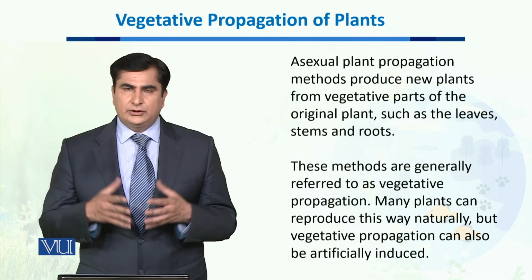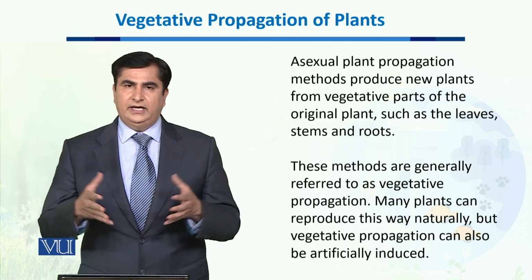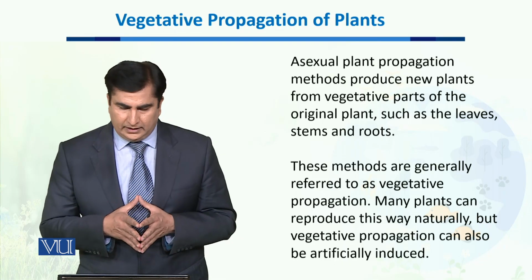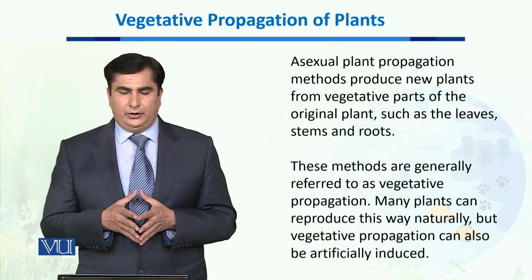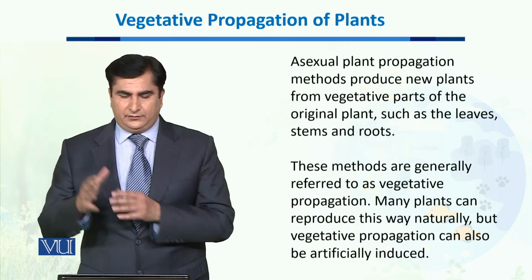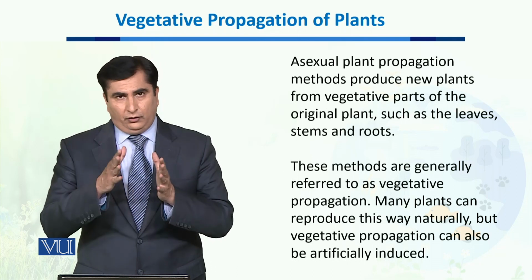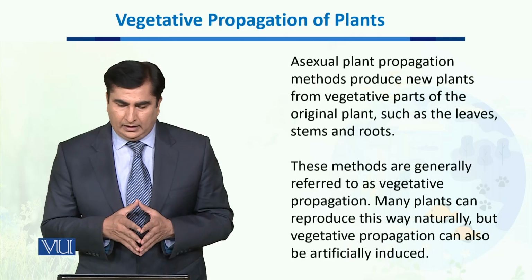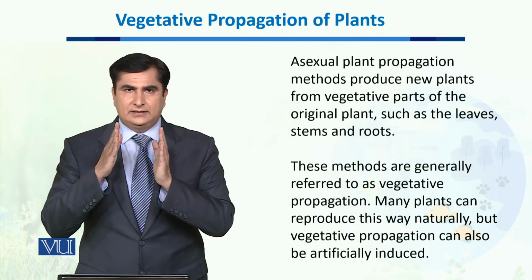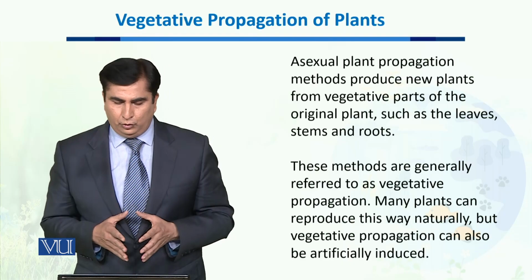Now, asexual plant propagation or the vegetative propagation method produces new plants from the vegetative parts of the parent or the original plants, for example, leaves, stem, or the roots.